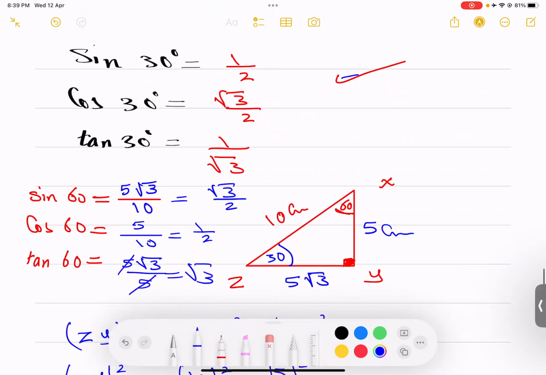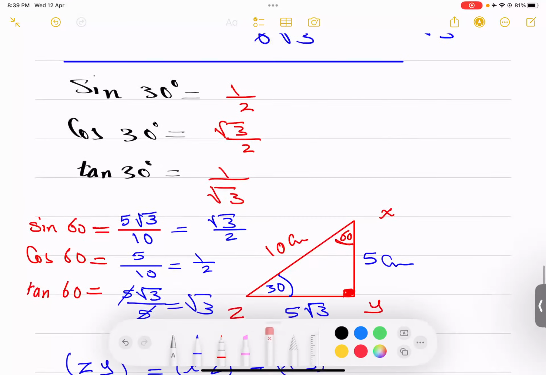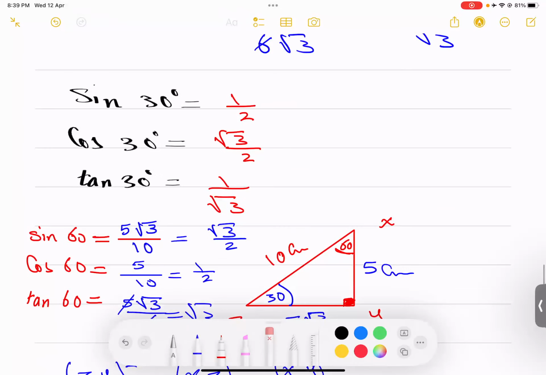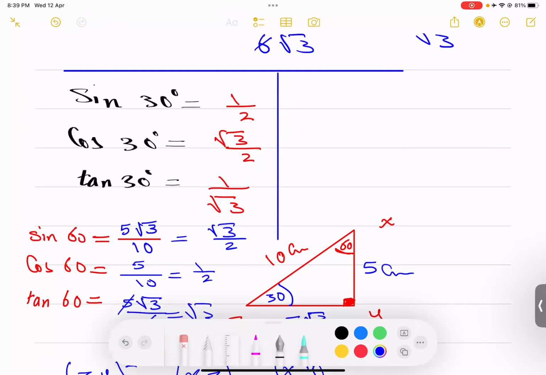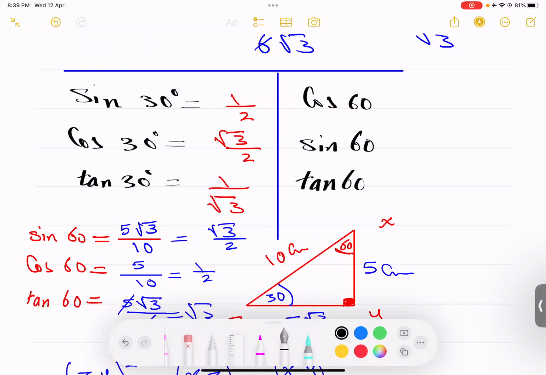So I told you that the sine of 30 is going to be half, right? So this time I want to get the cosine of 60, sine of 60, tan of 60.